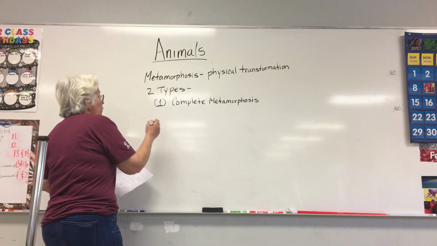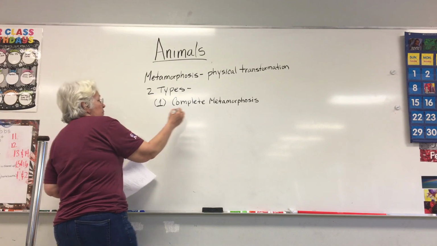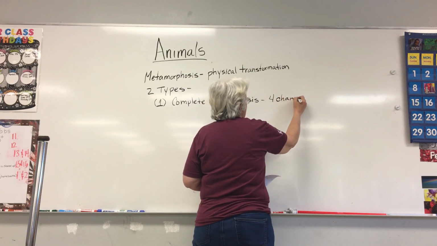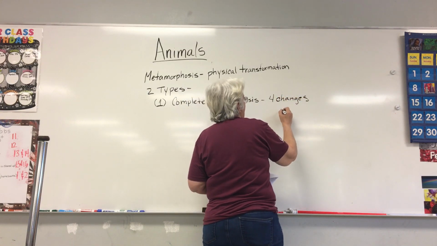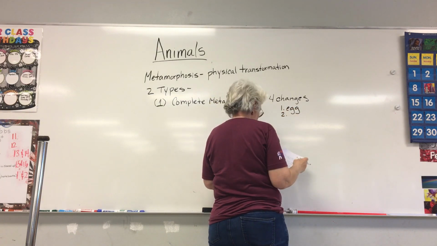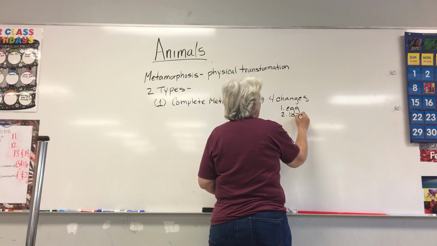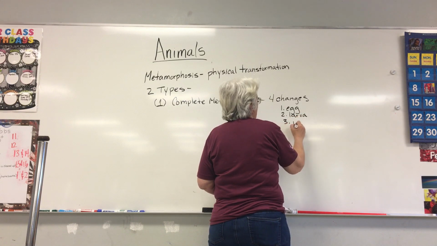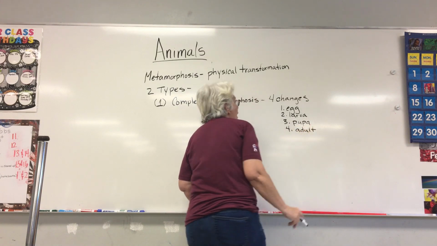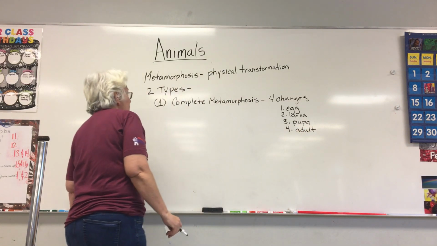It goes through 4 changes. It starts as an egg, and then it goes to a larva, then it goes into a pupa, and then it goes into an adult. Those are the 4 stages of complete metamorphosis.